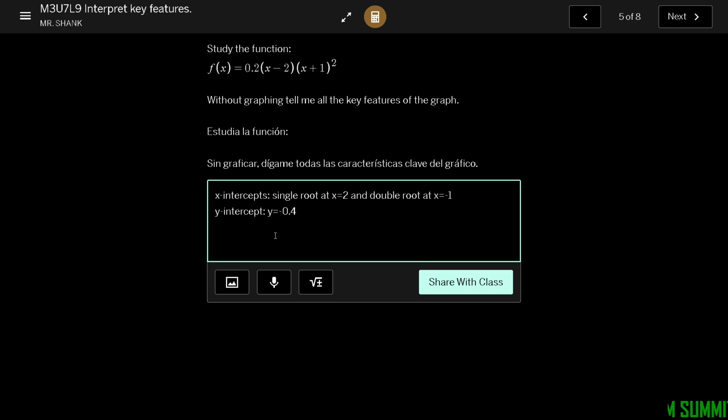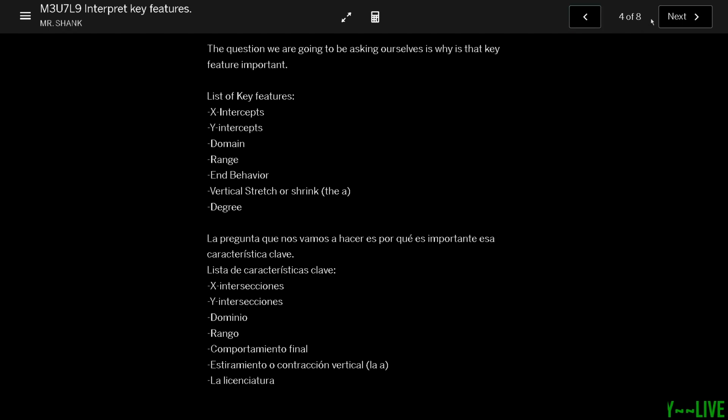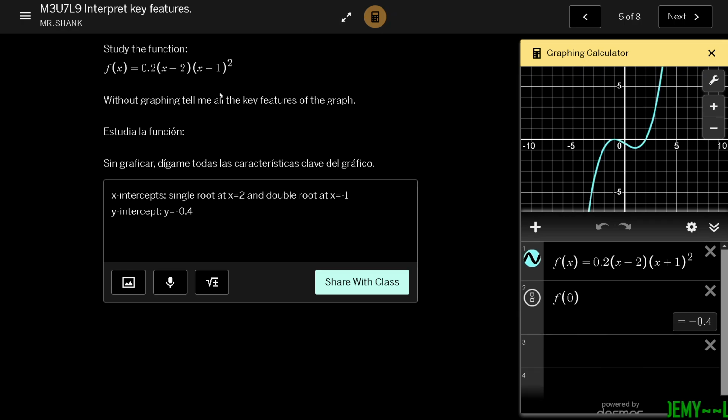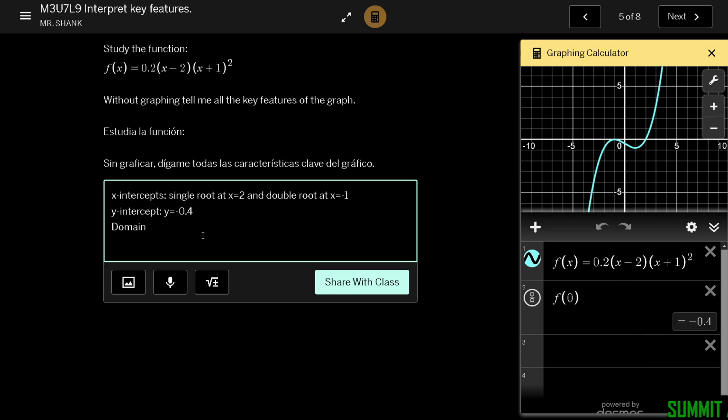Moving on, what else do we got? After y-intercept, domain and range. This we actually do need to look at the graph for. We could figure out the domain and range, but I want to make sure we check it out. Our domain is going to be -infinity less than x less than positive infinity. Similar for range: looking at my graph, it goes to the far left and the far right. It does not stop at those x-intercepts, it keeps going past them.